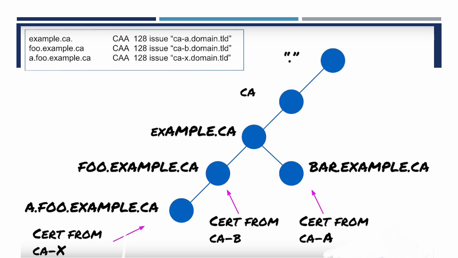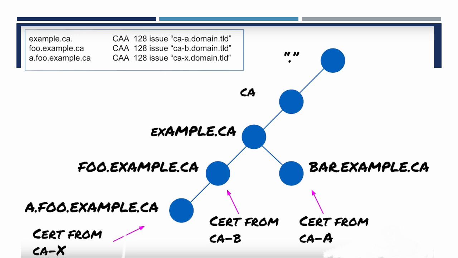In this example, as we can see, there is a root address named example.ca. For that, we have determined the certificate authority to be certificate authority A, and then there is a subdomain foo.example.ca.